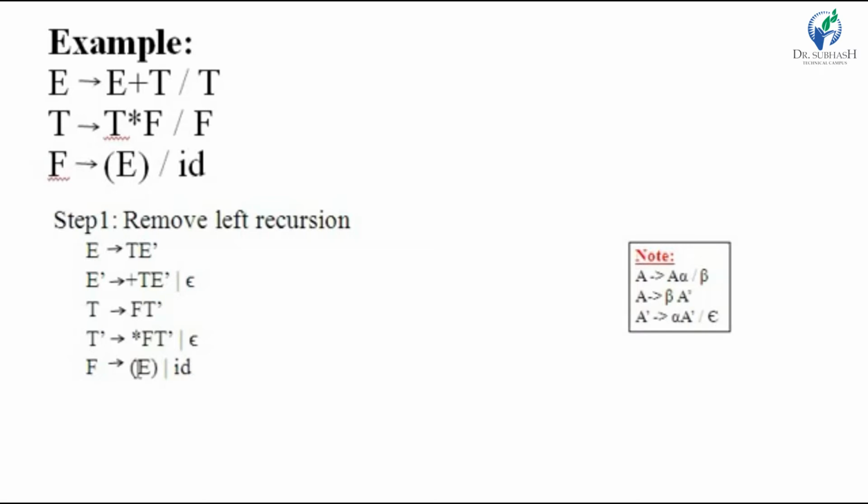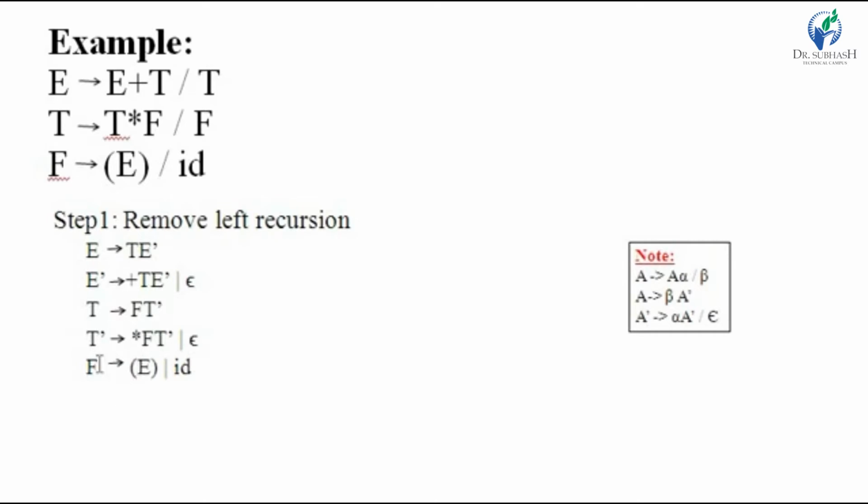If A gives a, it means a non-terminal produces a terminal, then first of A is equal to a. So first of opening bracket is opening bracket and first of id is id. So first of F is equal to opening bracket and id.